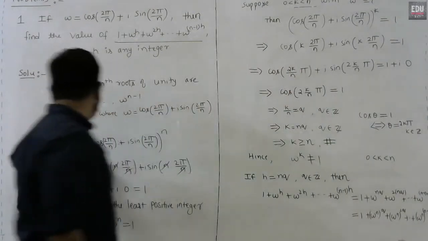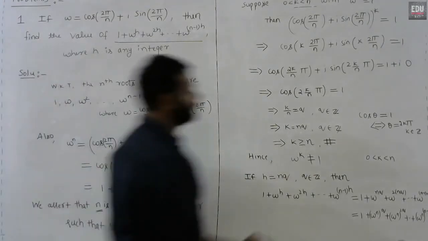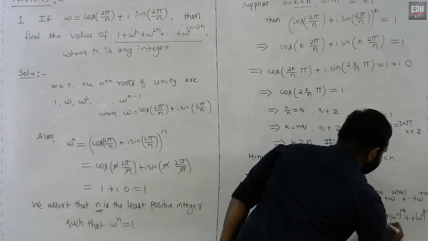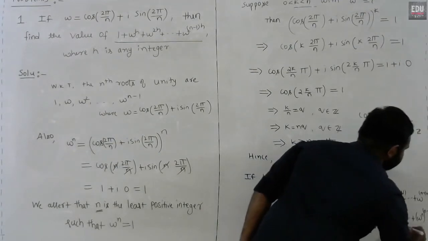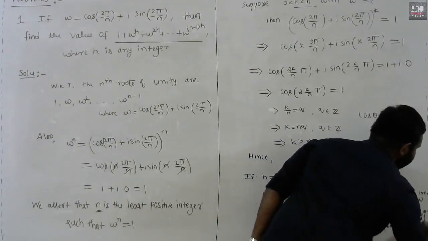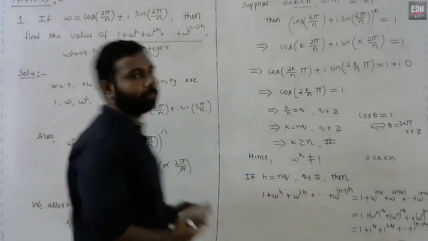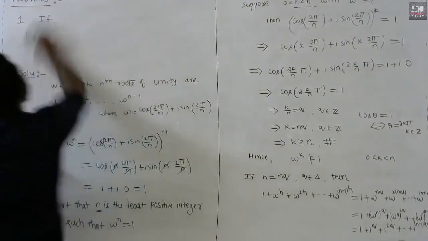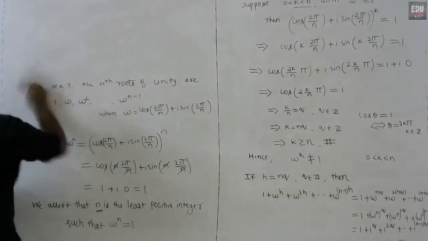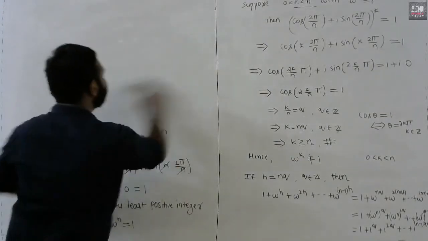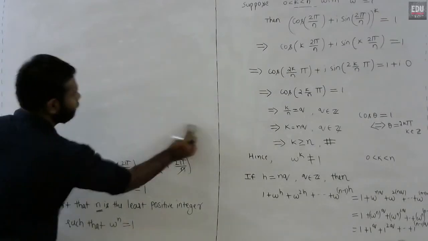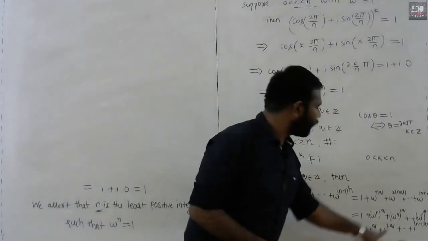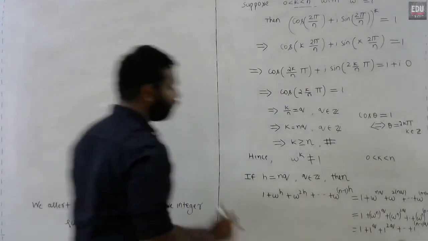So as omega power n is 1, it is 1 plus 1 power q plus 1 power 2q plus so on, 1 power n minus 1 into q. So 1 power any number is 1 itself.